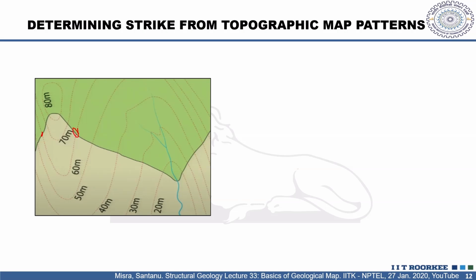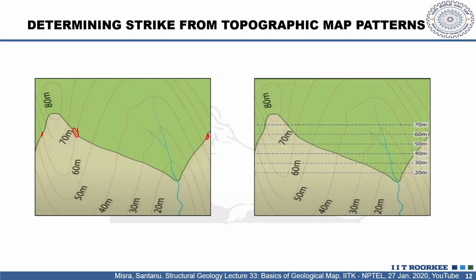Okay, this is a point. Another point is this. So we got 3 points of 60-meter, and we connect them. Okay. So after connecting, you can see this is how it looks for the 70-meter structural contour, 60-meter, 50-meter, 40-meter. So this is the way we can determine the strike from the topographic map patterns.